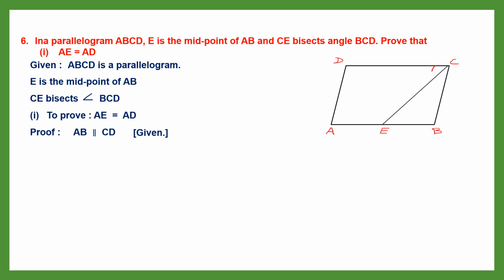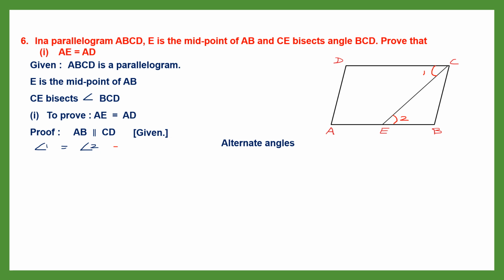So the angle that is here, that is angle 1, and the angle here, angle 2, will be equal. Why? They are alternate angles, and alternate angles are equal. So let's write that. Angle 1 is equal to angle 2, and the reason is given, alternate angles.